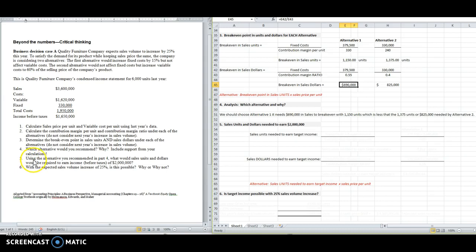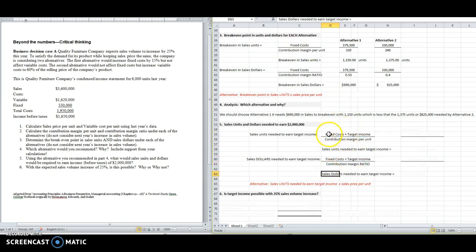Next, it wants us to say, using the alternative you recommend in part 4, which is alternative 1, what would the sales units and dollars be required to earn before-tax income of $2 million? When we have these formulas, they're basically the same that we used before.